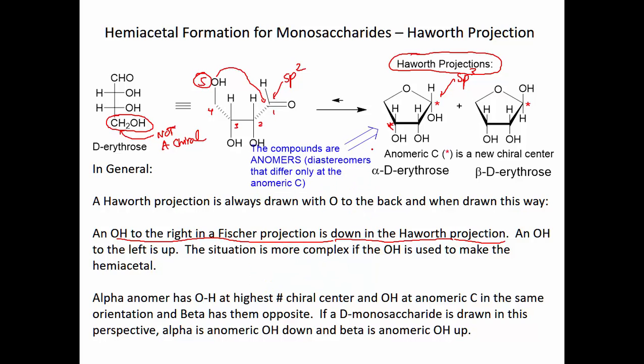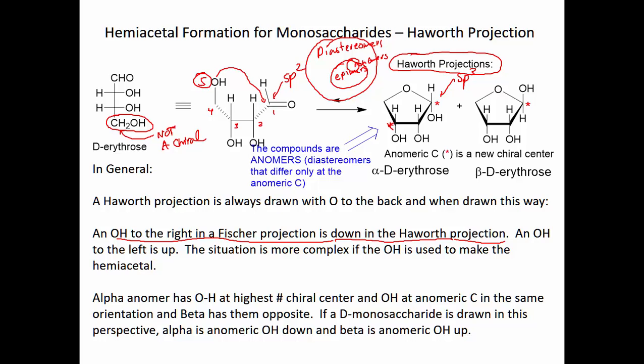They are diastereomers that differ only at the anomeric carbon. I'm going to draw a Venn diagram here. So here's all the diastereomers in the world. Many diastereomers are epimers, and a subset of that would be anomers.